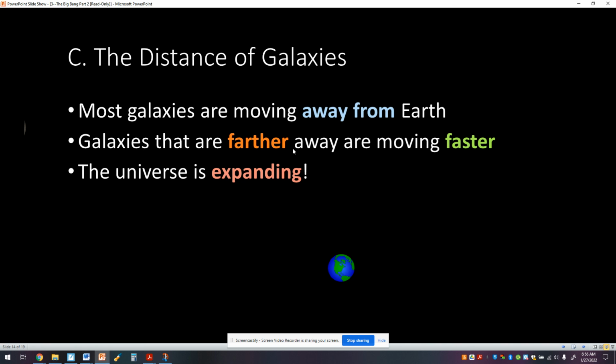So galaxies that are farther away are moving faster. We can also see that the speed is increasing. What this tells us is that the universe is still expanding. We have not really reached the edges of the universe yet. So make sure you fill in all of these. They pretty much are all coming up here at the same time.